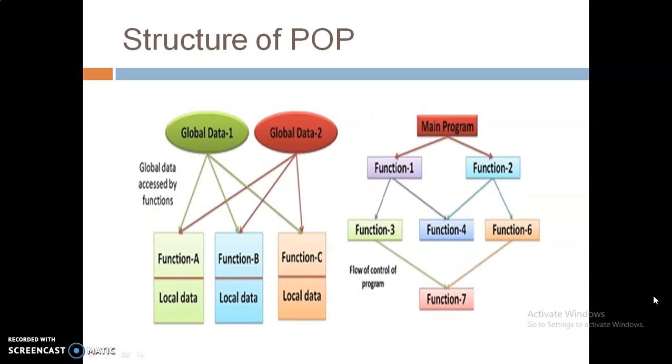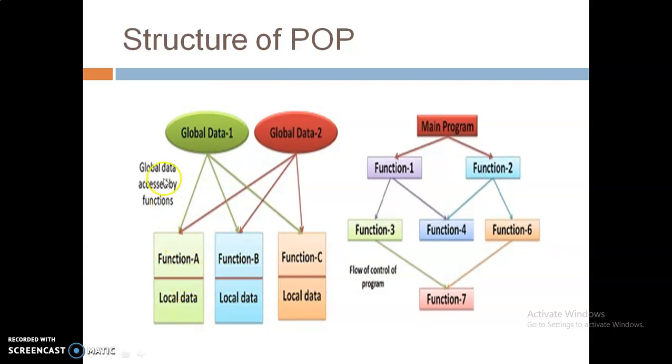In the figure, on the left side, we can see global data 1 and global data 2. These two are the globally declared data in the program. Now, we have three functions, function A, function B and function C. All these three functions are associated with their related local data.